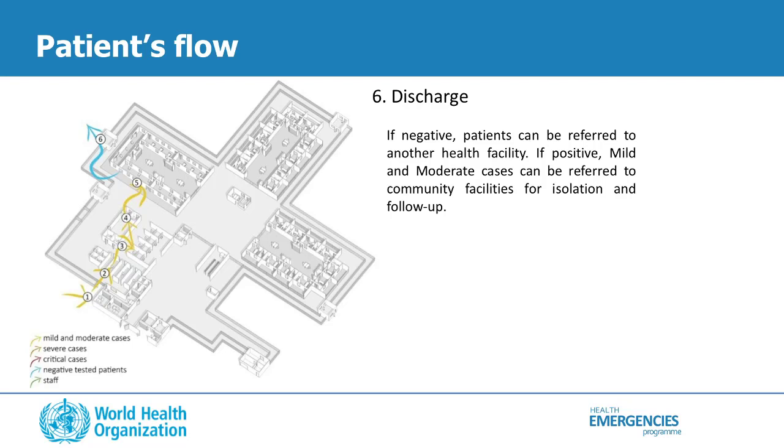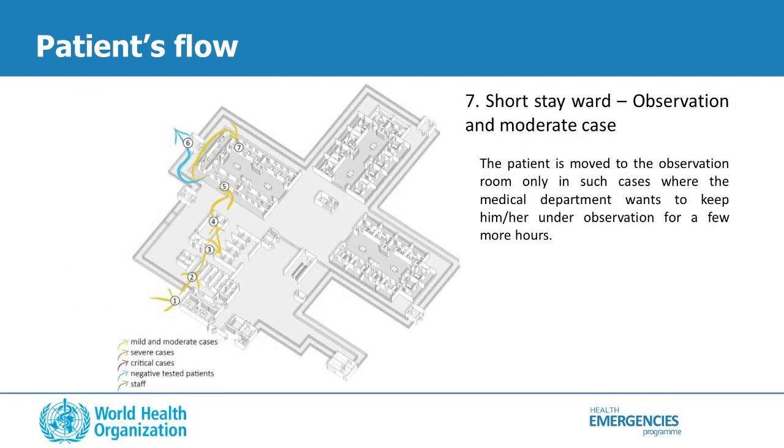However, if they test positive, the mild and moderate cases can be referred to the community facility for isolation and follow-up. A moderate case is only moved to the observation room in cases where the medical department wants to keep him or her under observation for a few more hours.